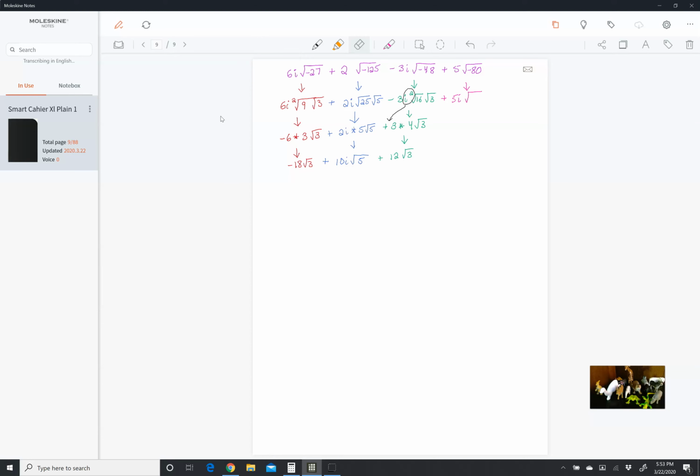And this is square root of 16 times the square root of 5. And if we bring this down, okay, square root of 16 is a perfect square. So we have 5i times 4 root 5. And finally, that 5 times 4 is 20. So we have 20i times the square root of 5.